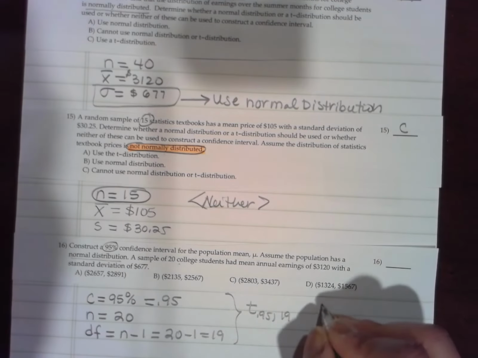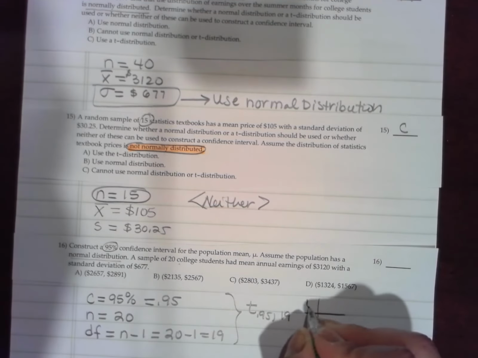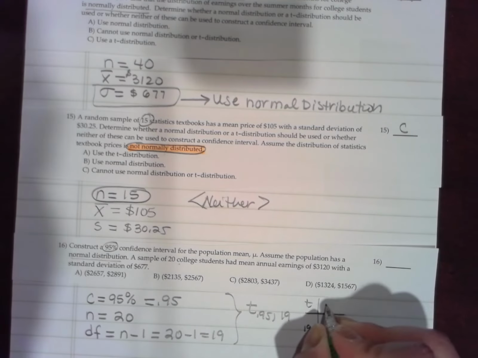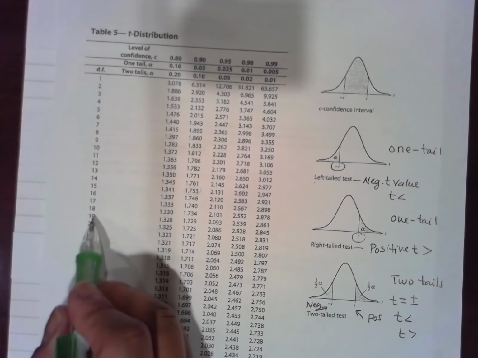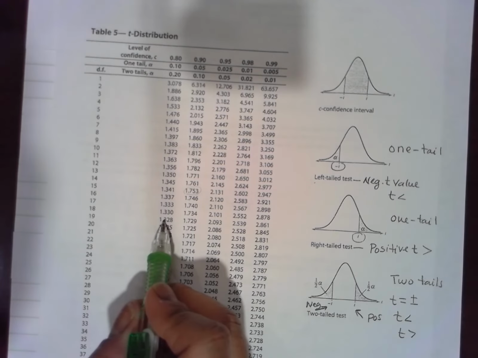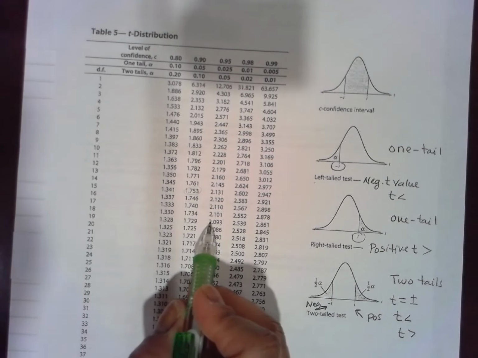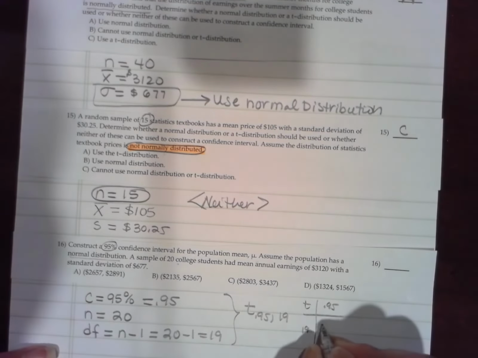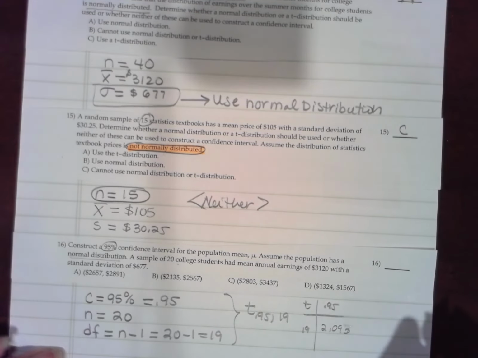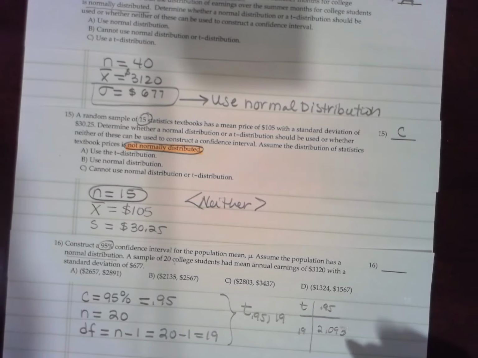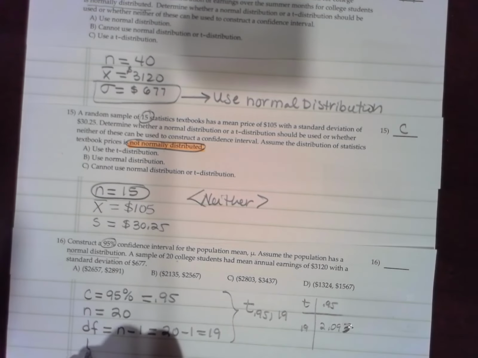If you look at the t distribution table, 19 and 0.95, that will be the one in the middle, 2.093. So that's my t value that I will be using, t equals 2.093.